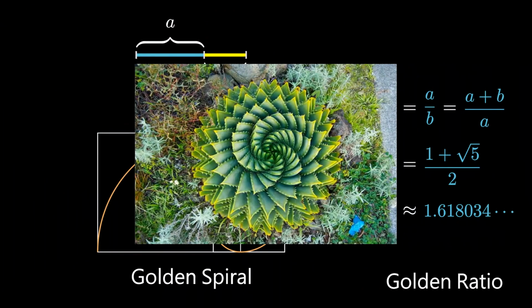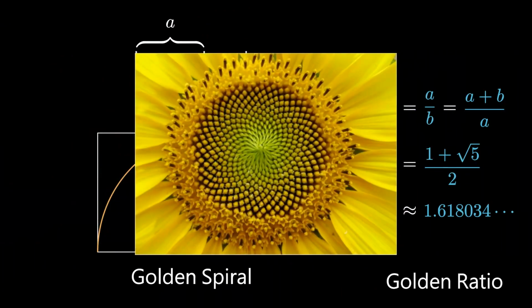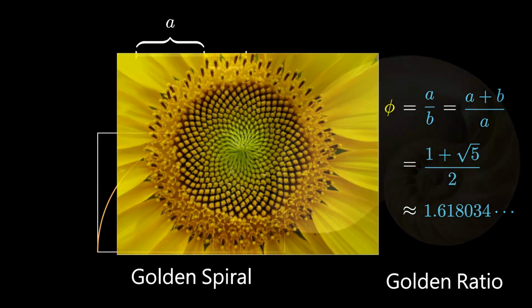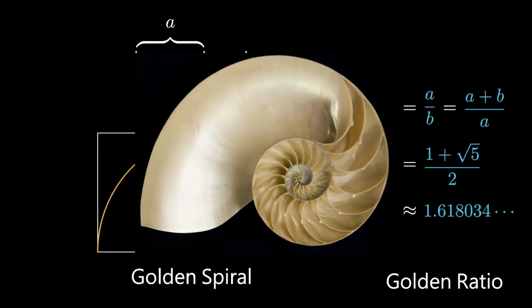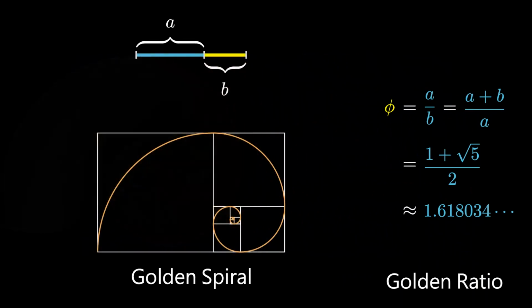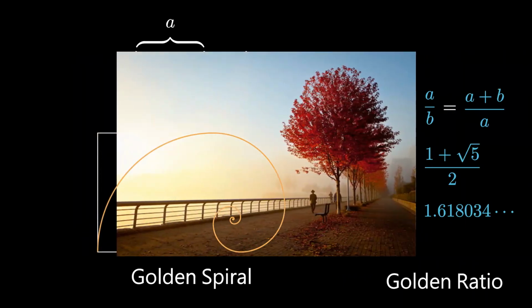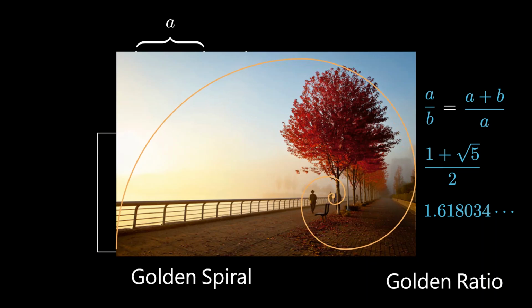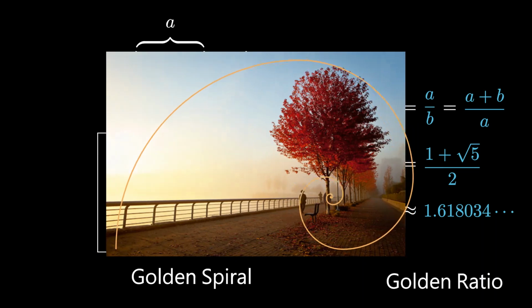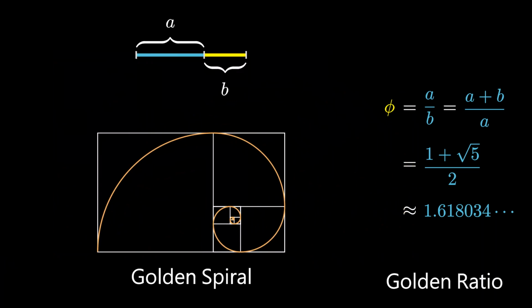In nature, the growth and arrangement of some plants and animals follow the golden spiral. In photography and painting, artists sometimes place the subject at the end of a spiral, believing it draws the viewer's eye and creates an optimal composition.